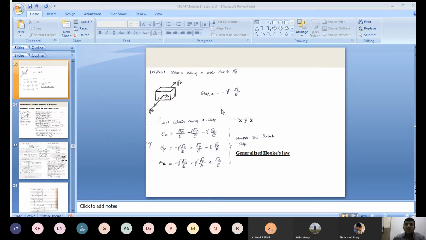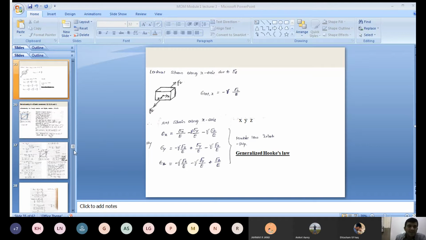The dimension decreases, right? Those are the lateral dimensions. That's why we get the minus sign along with the Poisson ratio. By taking x, y, z, epsilon x is equal to sigma x by E minus mu times sigma y by E minus mu times sigma z by E.